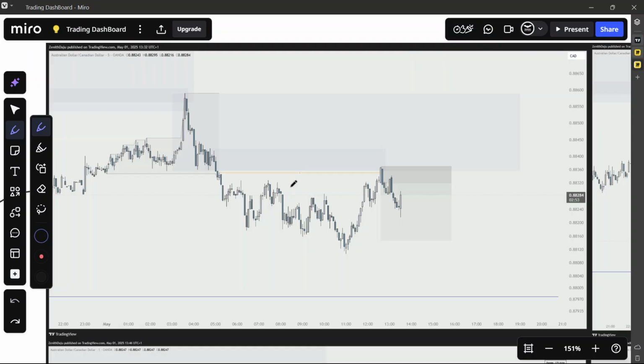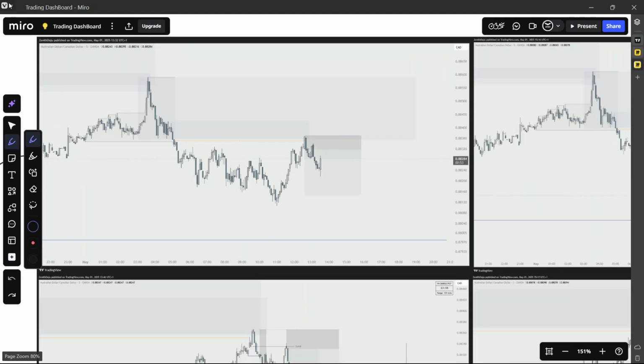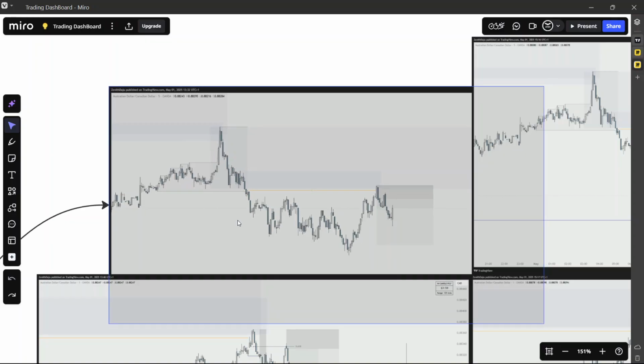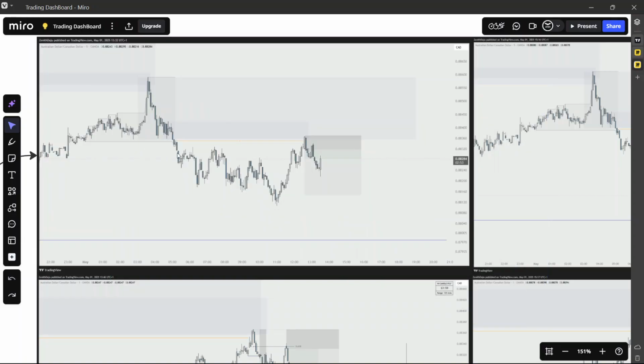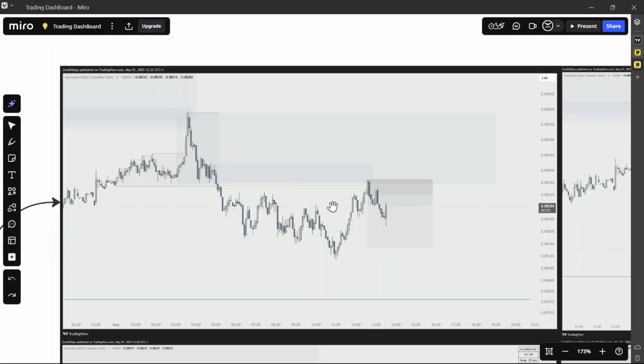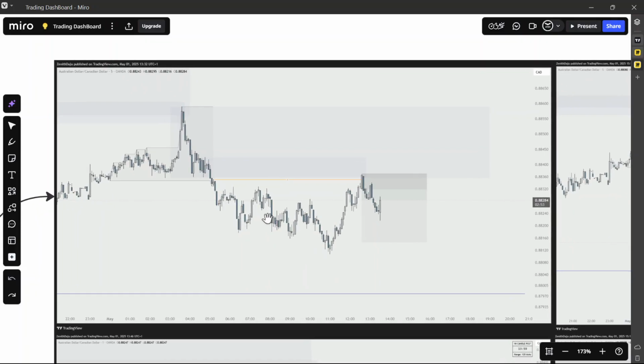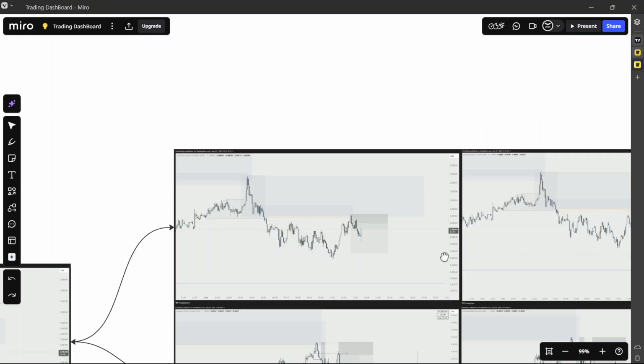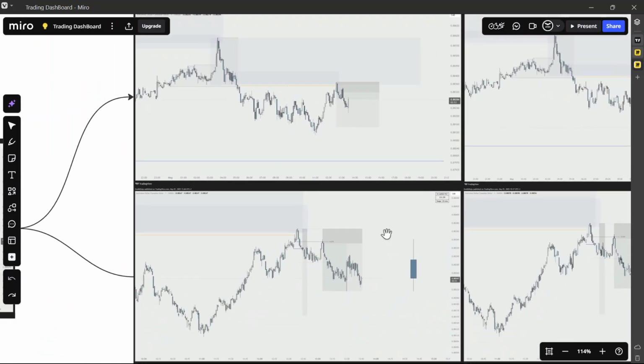Let me zoom out a bit. When we have this kind of immediate liquidity grab before our entry, do practice noticing it yourself sometimes. This really comes with experience. When we sweep immediate buy side or sell side liquidity, that kind of trade actually works out very well, by the way.